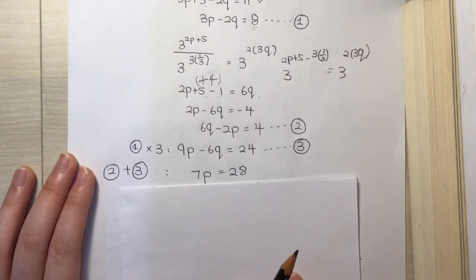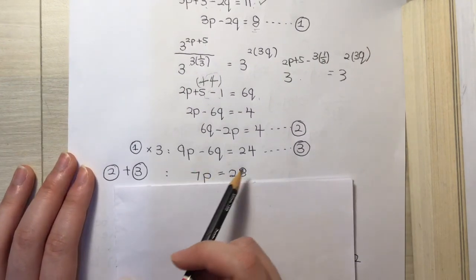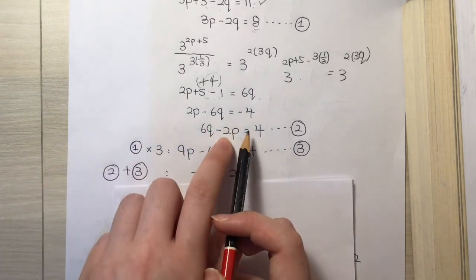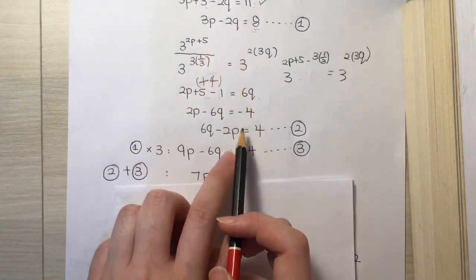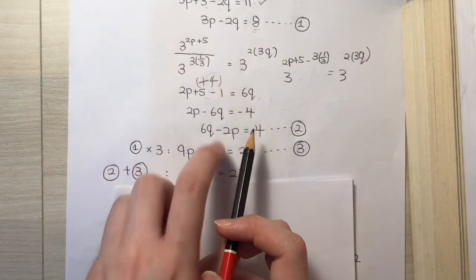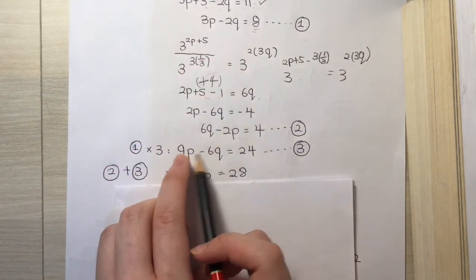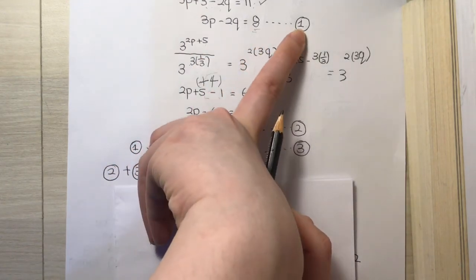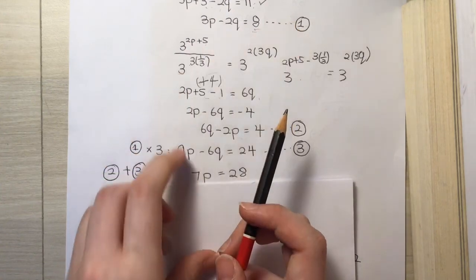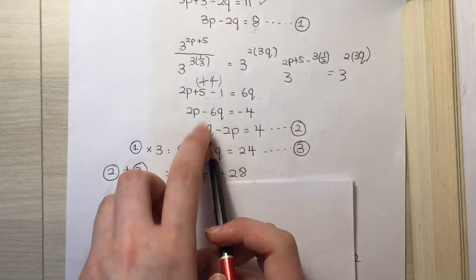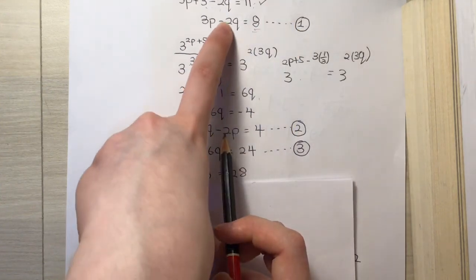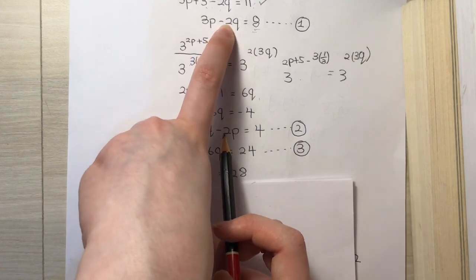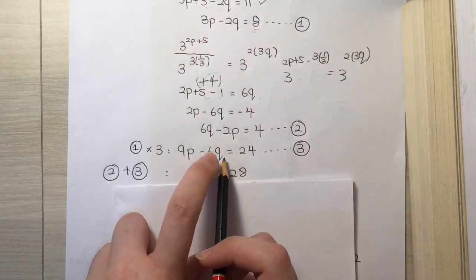Because when you eliminate one of the unknowns, you have to change one of them into the same term. So in this case, I multiply equation 1 by 3 because I want to change the unknown q over here into the same. So when I multiply by 3, it becomes negative 6q.